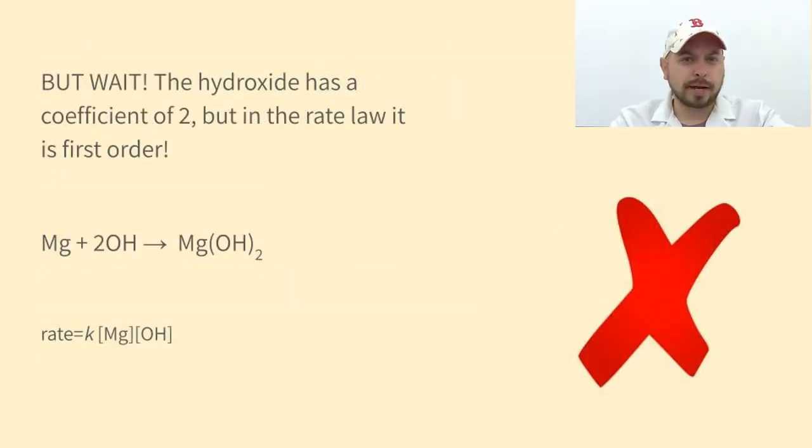see, in the third reaction, now all of a sudden, take a look at the hydroxide. Hydroxide has a coefficient of 2 in the balanced reaction equation, but in the rate law, it's only 1. First order with respect to the reaction. That doesn't match anymore.